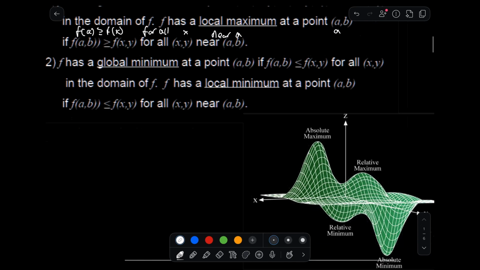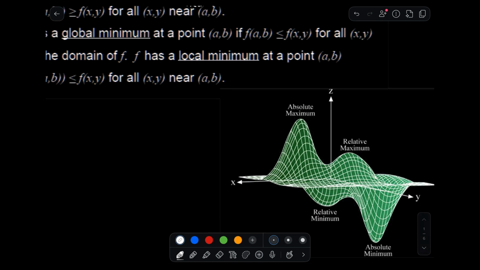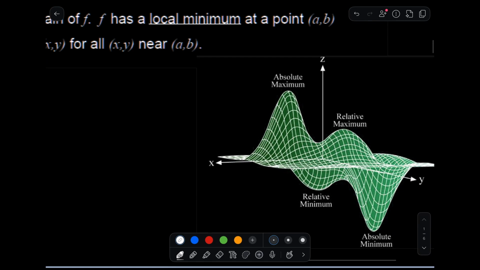Global minimum, it's the exact same idea. And here we can more easily, this is a salient picture that can help us identify local and global maxes and mins in 3D. We see right here, this is our absolute max, absolute min, relative max, and relative min.